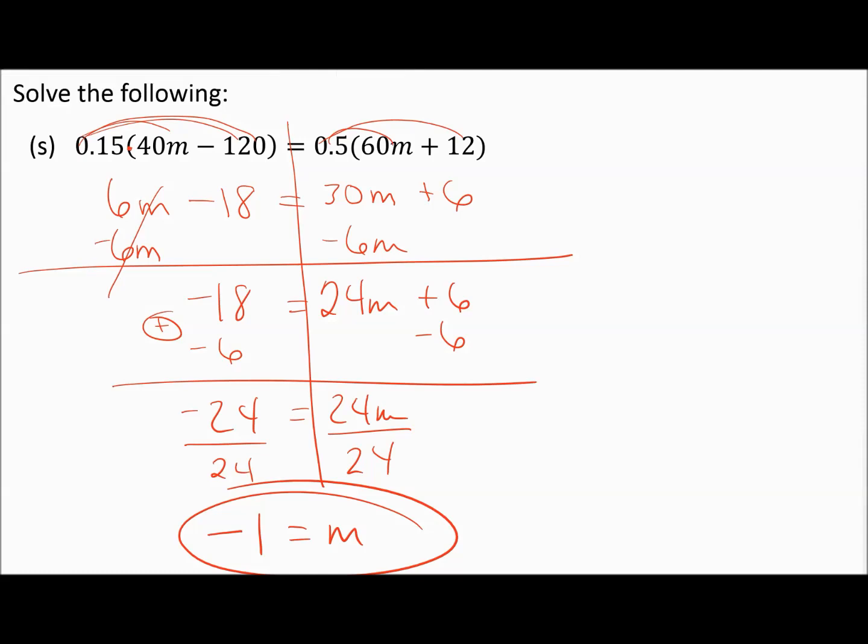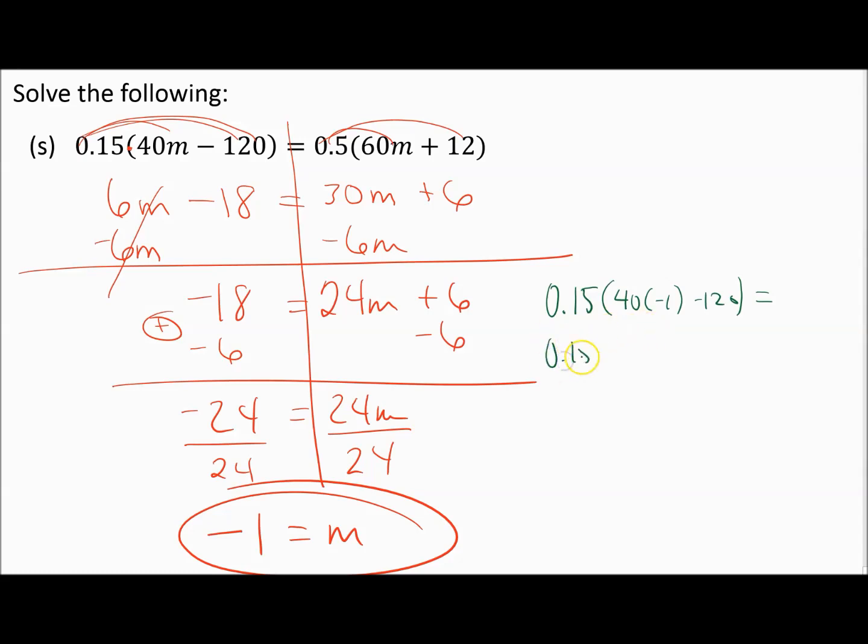And now I'm going to check it. So I have 0.15 times 40 times negative 1 minus 120. Is that really equal to, and I'm running out of space, so let's just do the left side first and then we'll do the right.